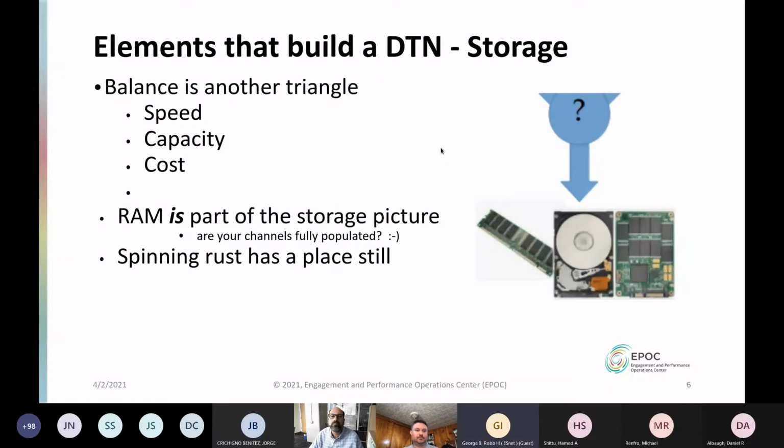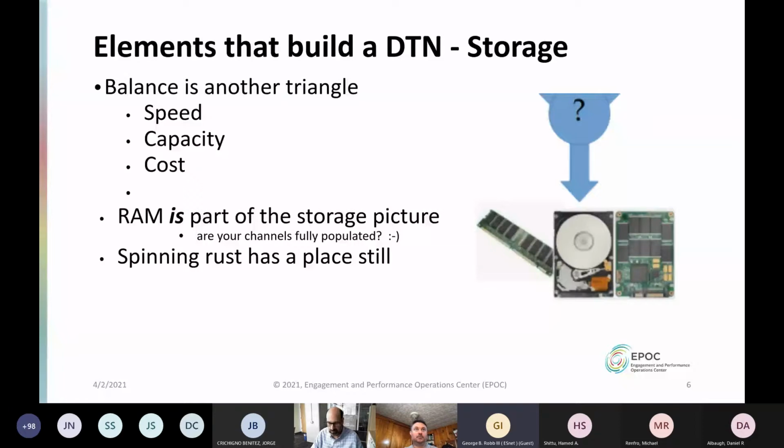The storage. Again, this is a balance, and I left an extra bullet point that's empty. Apologies. Speed, capacity, and cost, right? We've got to think about how we're getting that storage onto the wire, right? So in certain situations, RAM is part of the storage.